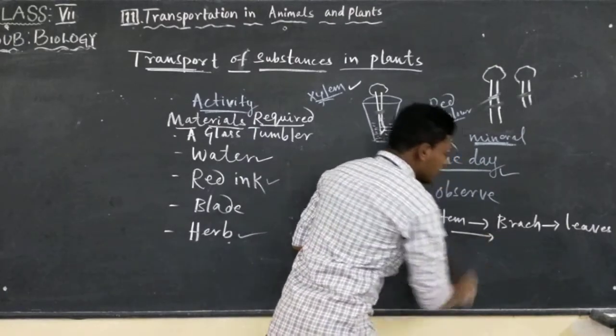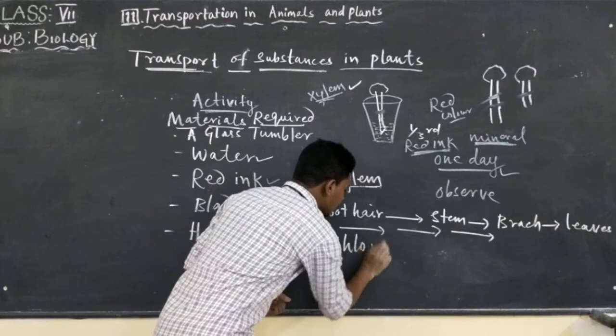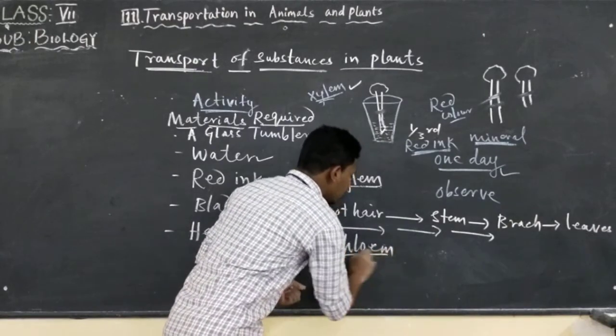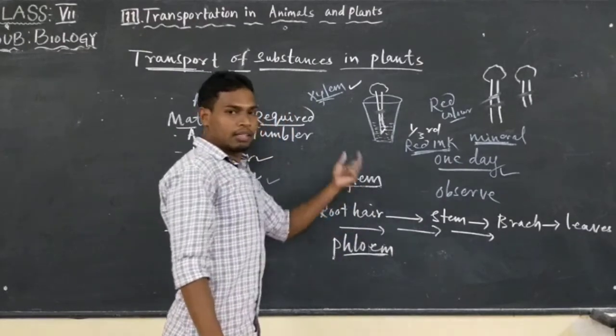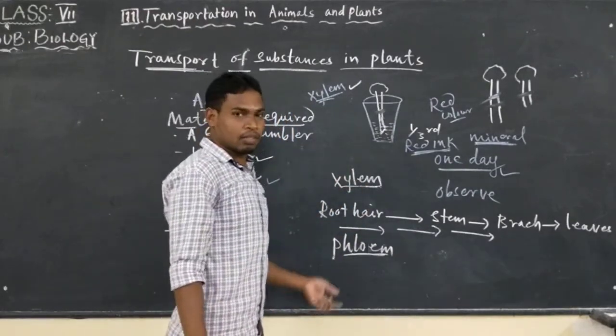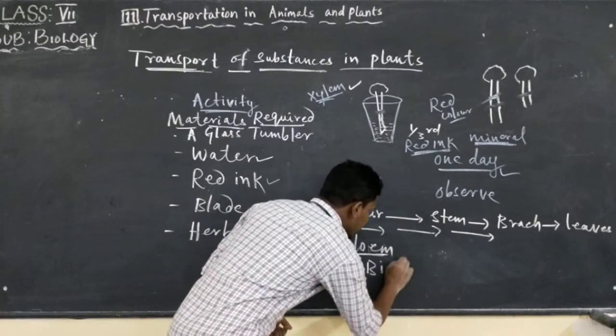Xylem's function is to carry water and minerals and it is unidirectional. But whereas phloem carries the synthesized food from the leaves and circulates it to all other parts of the plant, and it is bidirectional.